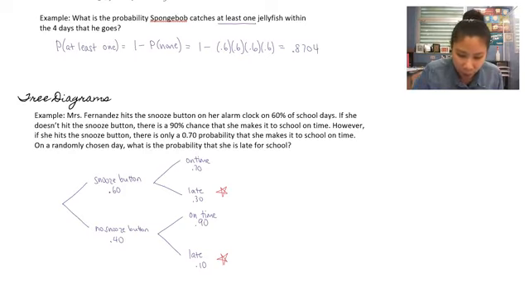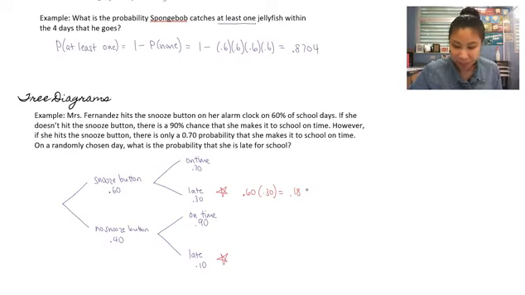So for this first one, I hit the snooze button, but then I could still be late. So because these are multiple actions being taken or multiple events happening, I can multiply these together. So 0.60 times the 0.30 would give me an 18% chance of being late if I hit the snooze button.